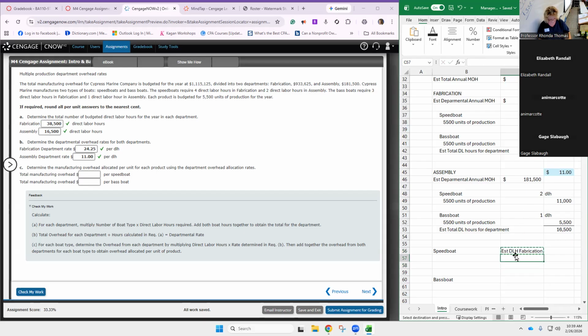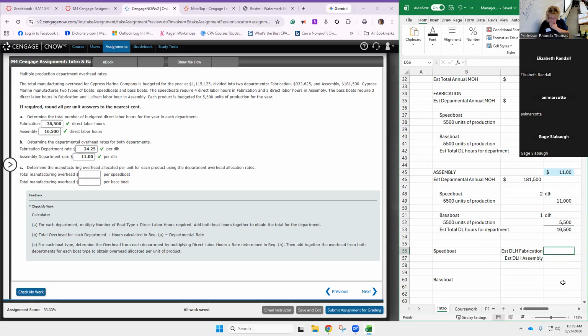Okay. All right, instead of fabrication, though, we need to put assembly. So we need both of those hours separated out because they each have different overhead rates, right?